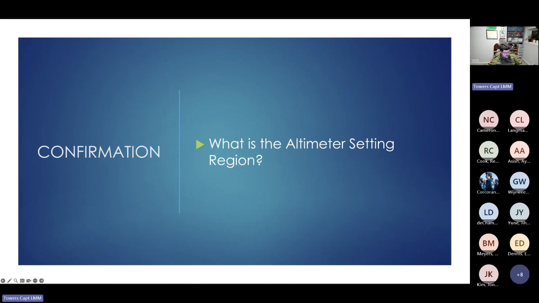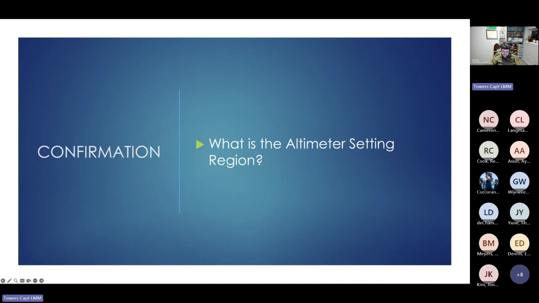And what do you do within the altimeter setting region? What do you set your altimeter to when you're in the altimeter setting region? You just set it to whatever reading you want. Cook's got it correct. It's the nearest aerodrome, and that'll be based on the weather.